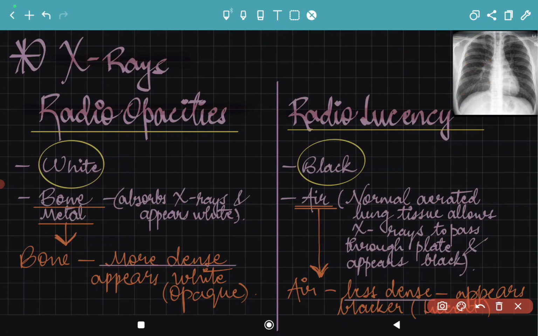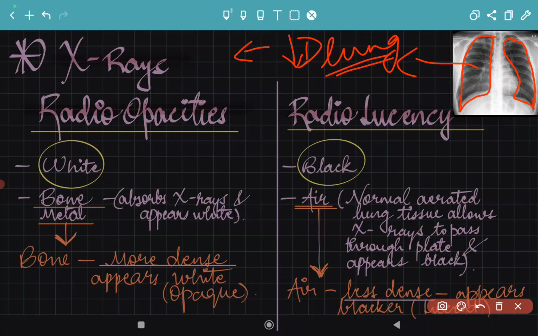But the aerated lung tissue, which is appearing black, can be clearly seen over here. So that lung tissue which is aerated, presence of air which is less dense, will give darker appearance, will appear black, that is lucent.